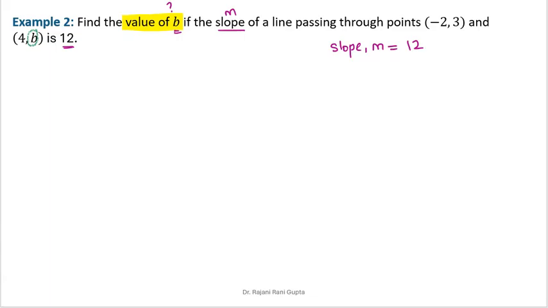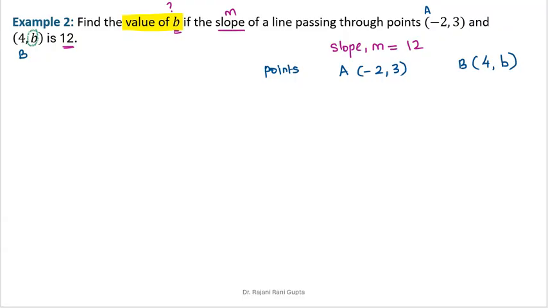So just do the things that you know. Let's say this is point A, this is point B. So you have point A as minus 2, comma 3, and point B as 4, comma b.